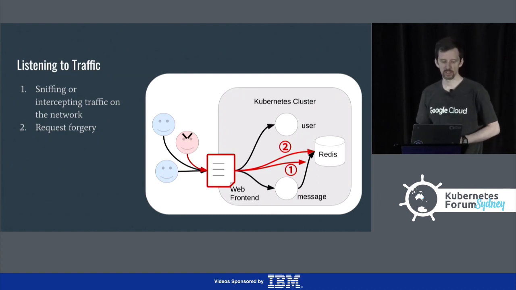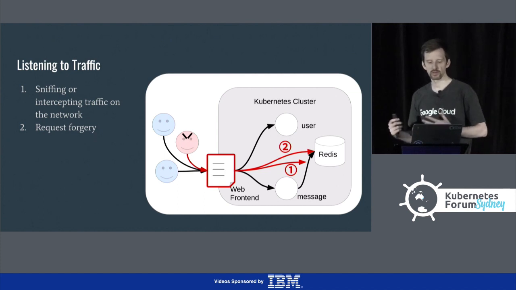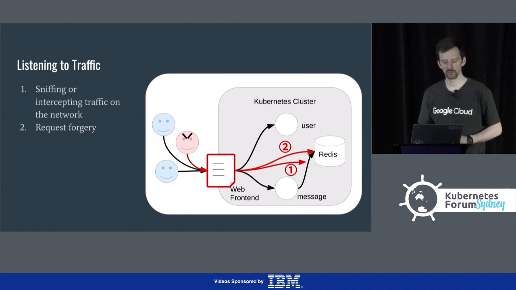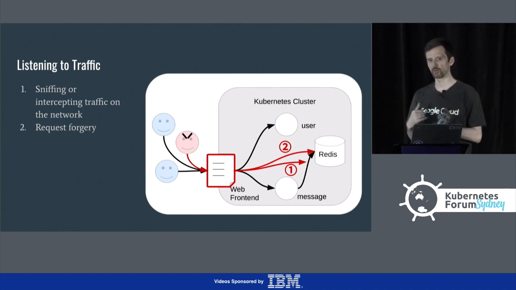And the last thing that I want to cover in the minute or so that I have left is sniffing traffic on the network and doing things like request forgery. This might be listening to the traffic that's going back and forth, depending on how your network is set up.